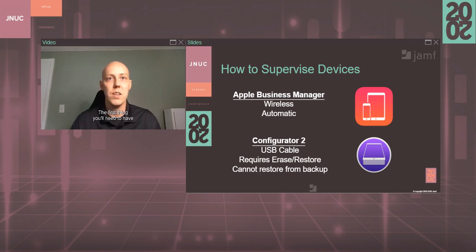The first thing you'll need to have is this device in hand and a Mac computer. So if you have employees with devices currently in the field, you'll need to get this back and be able to connect it to your Mac with a USB cable. The process does require you to completely restore the device back to factory settings so that the profile can correctly enroll your device into Apple Business Manager.